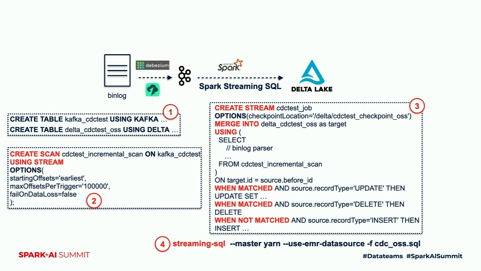Step 4, we can use a streaming SQL command to launch the SQL file. This command will launch a yarn client mode streaming job. After that, we have built a CDC streaming pipeline, and we can query the data table immediately if there is some data change in the source database table.